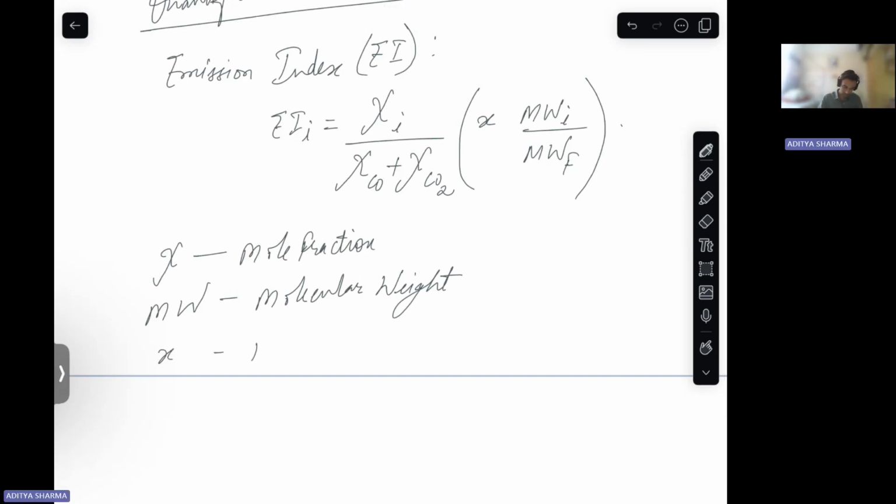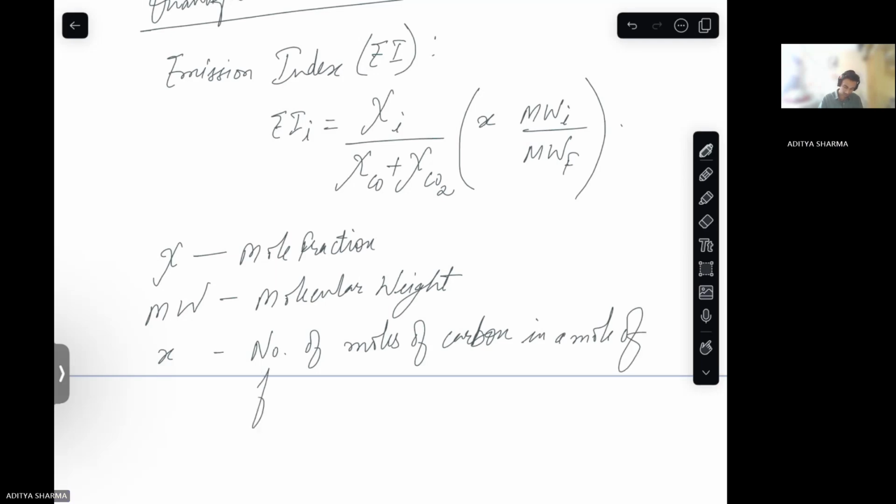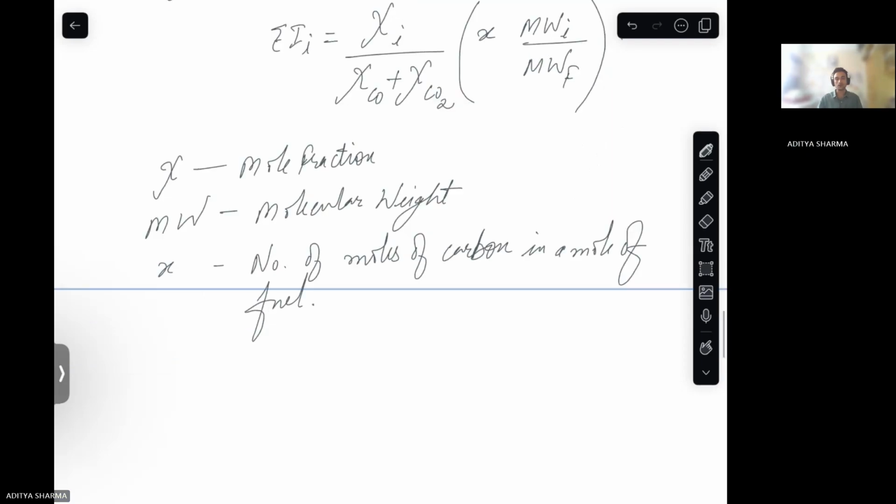And x is your number of moles of carbon in a mole of fuel. So this is one of the formulas that is used to quantify the emissions.